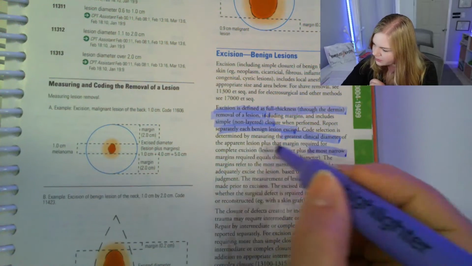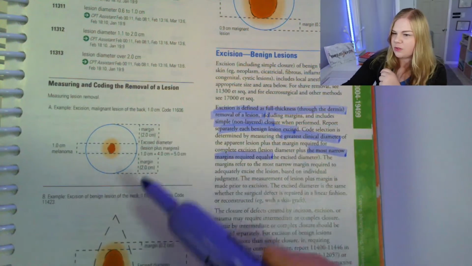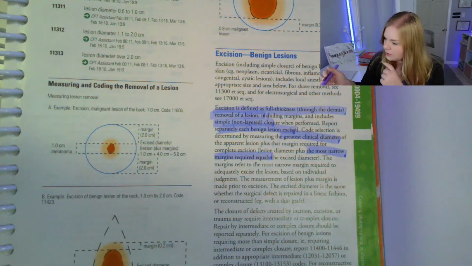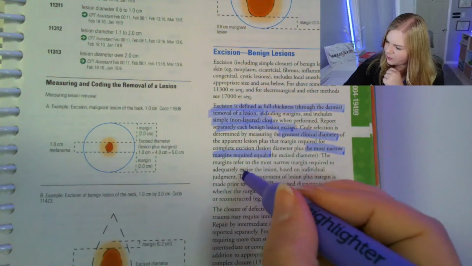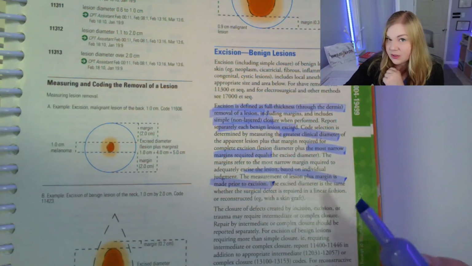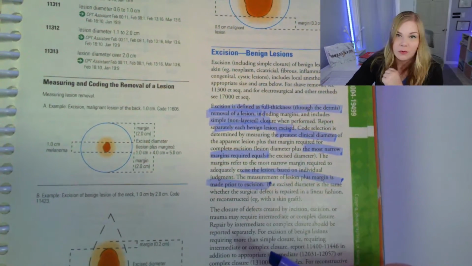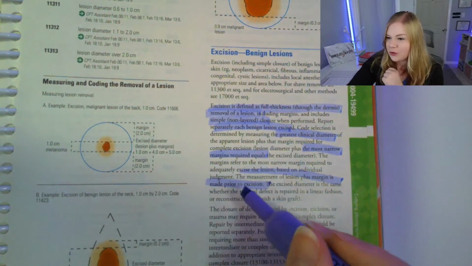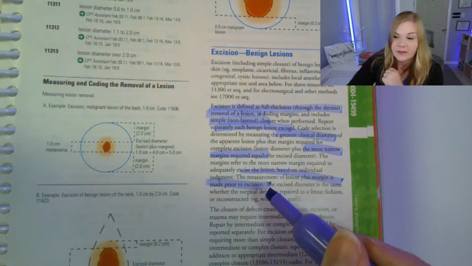So most narrow margins. And they show you diagrams here in the CPT book, so familiarize yourself with those. And here's where it says the measurement of the lesion plus the margins is made prior to the excision. So that's why we can't use the path report for sizing, because path reports are not measurements made prior to excision per the CPT definition here.